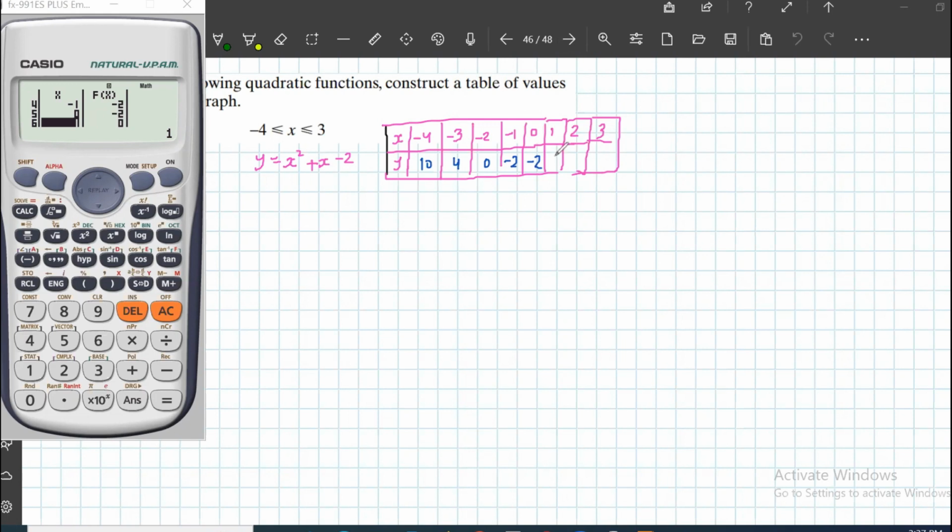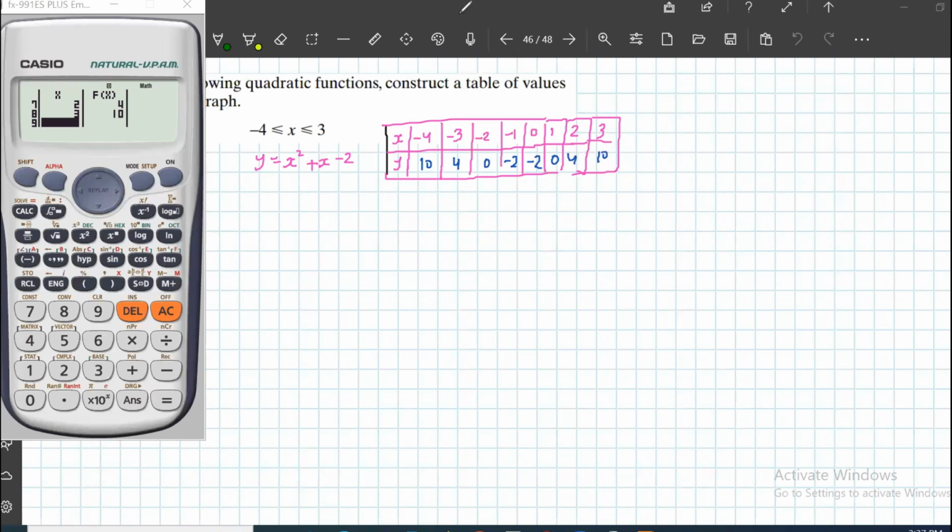At 1 it is 0. And lastly at 2 it is 4 and at 3 it is 10.